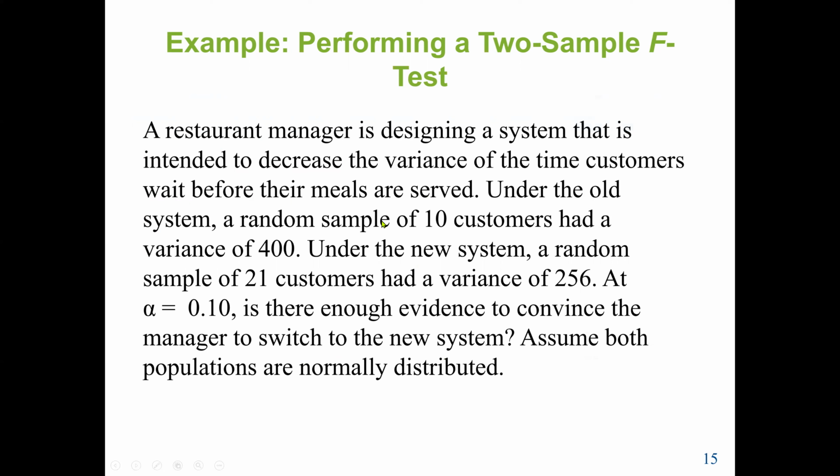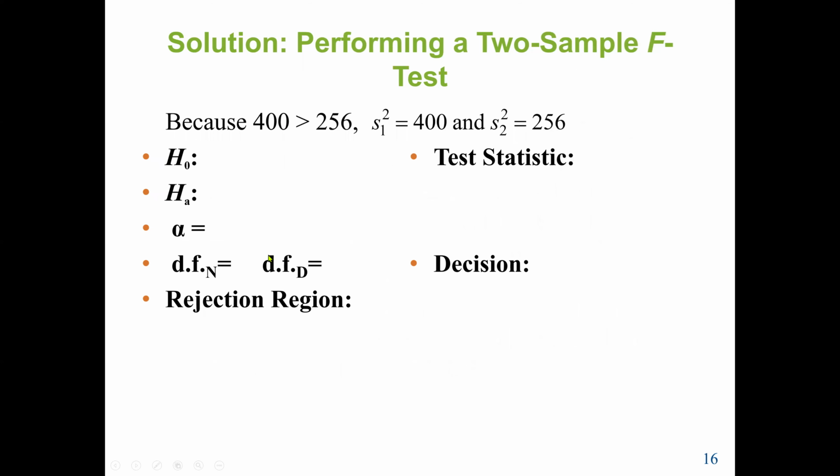When we see the new system variance is lower, 256, and the old system variance is high, which is not good because some customers will wait a very short time, some customers will wait very long. Hopefully, even if the variance can be 0, that would be perfect. Customers wait the same time.